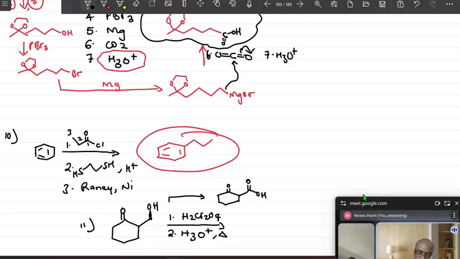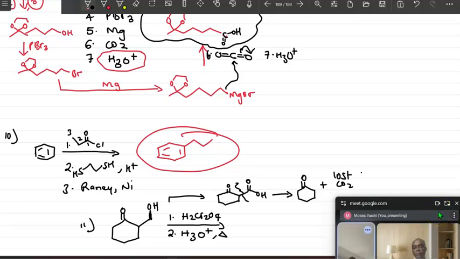Yeah, you know how I said you rotate this thing, then you get the enol, right? You remember the mechanism, or you just remember the shortcut? Decarboxylation. Oh wait, yeah, and CO2 leaves. Yeah. So you end up with cyclohexanone.